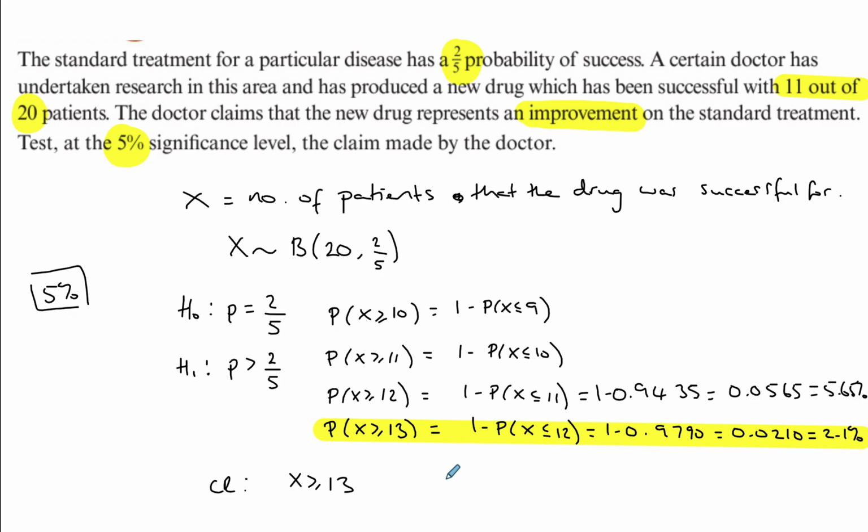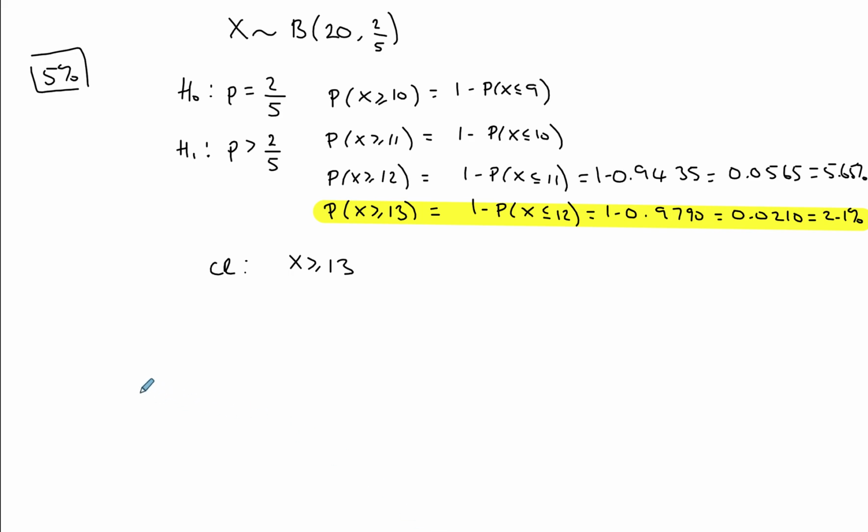Now, what we then do is go back to what actually happened for the doctor. And the doctor found that he had success with 11 patients. So what we can then say is that there is not evidence.